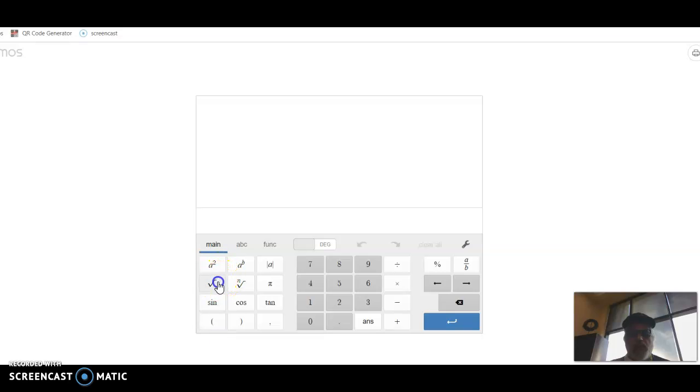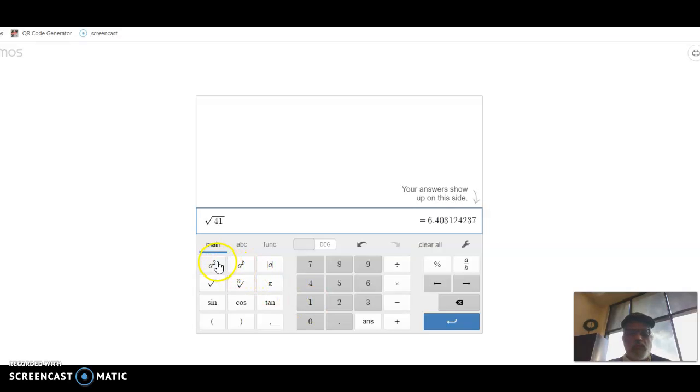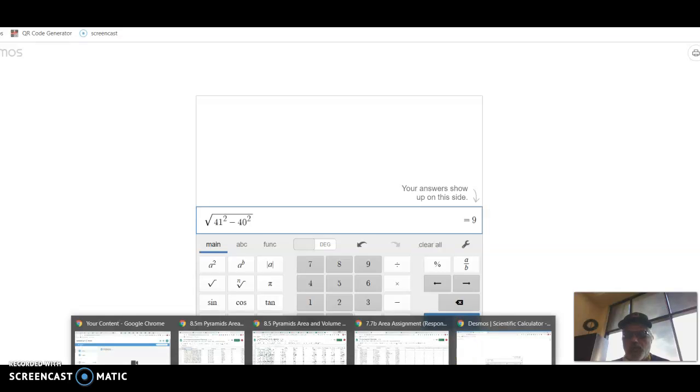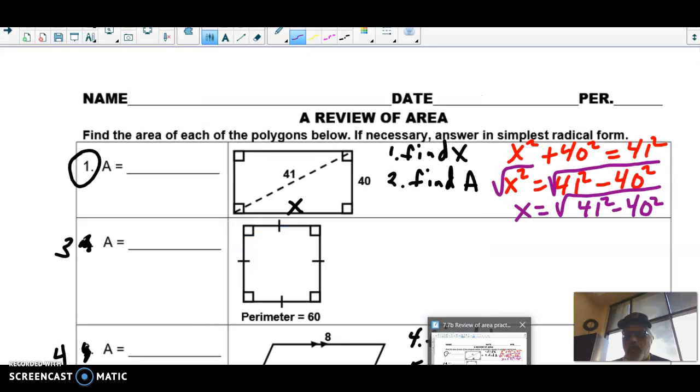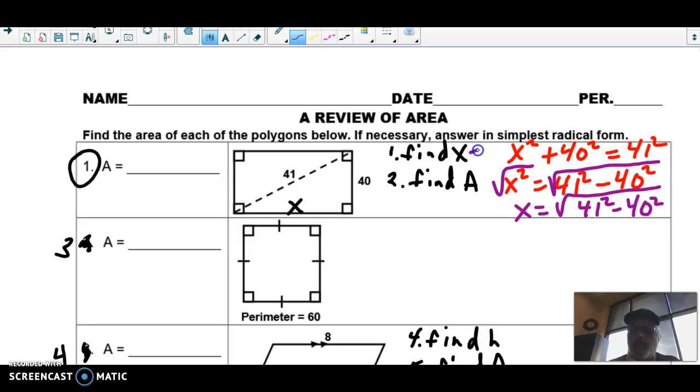And I'll put in my square root 41 squared minus 40 squared equals 9. So switch back, and I get that x is equal to 9. So that would be number one.